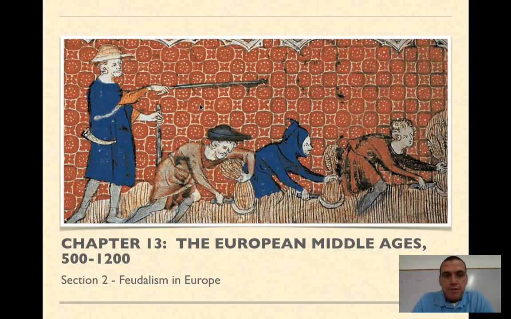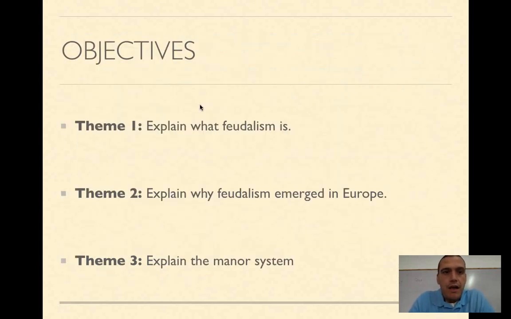I will attempt to present you chapter 13, still in the European Middle Ages, and we'll do section 2, which covers feudalism in Europe. And the objectives for this lesson, we're going to have 3 themes.